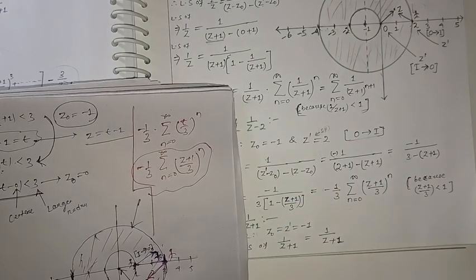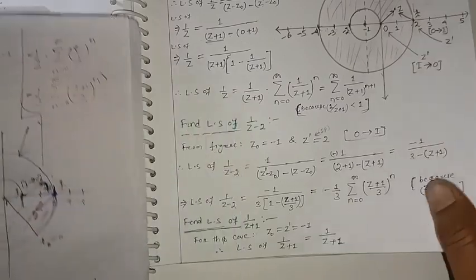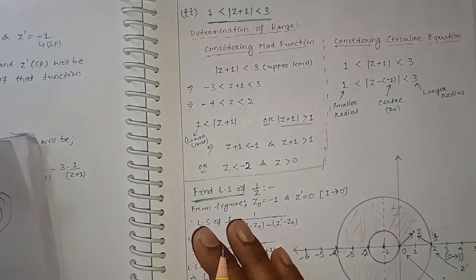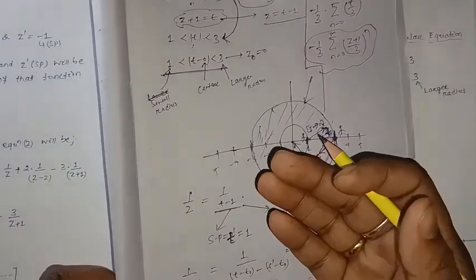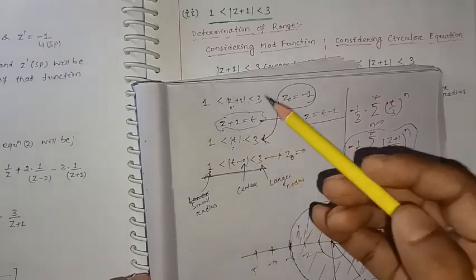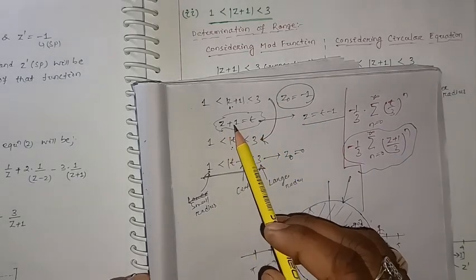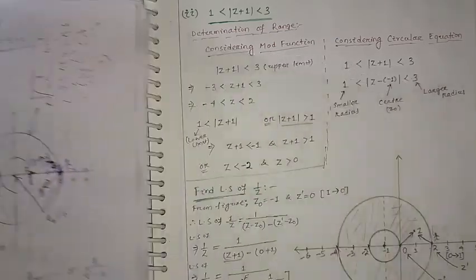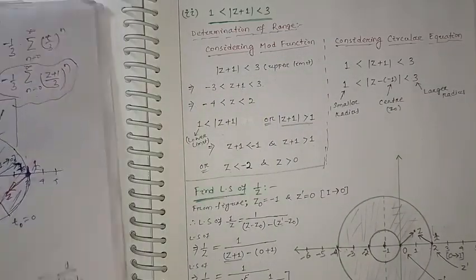Here I suggest to all of you that you consider the method we discussed in our last class, because by this way you have to consider two extra steps: first you consider z plus 1 as t, then you have to reconvert t. So one or two extra steps you have to consider by this way.